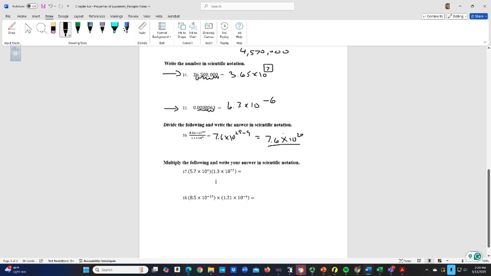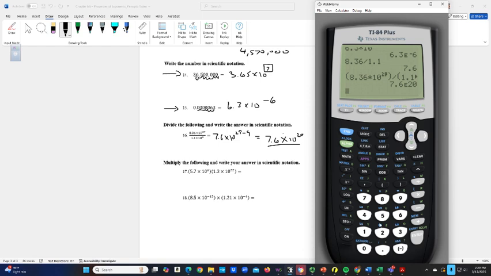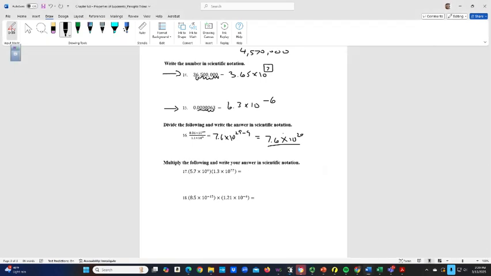Multiplication just means we need to work our product rule. So 5.7 times 1.3 is going to give us 7.41, which meets our rule that m is bigger than 1 and less than 10. 7.41 times 10.